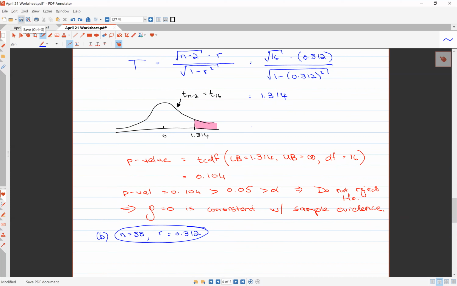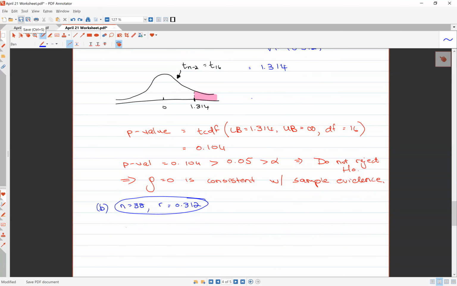In this case, more than twice the sample size, from 18 to 38. So our test statistic in this case will be square root of 36 times 0.312, over square root of 1 minus 0.312 squared. And in this case, we have a value of 1.97.